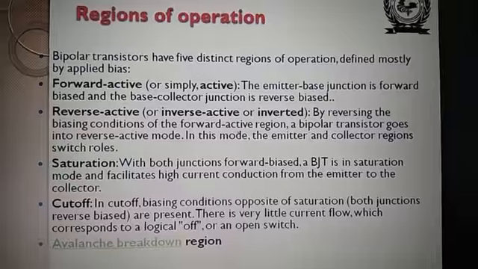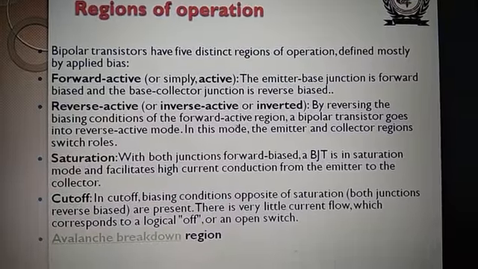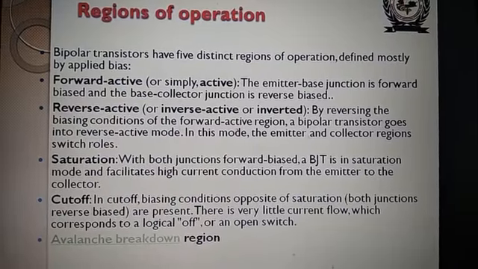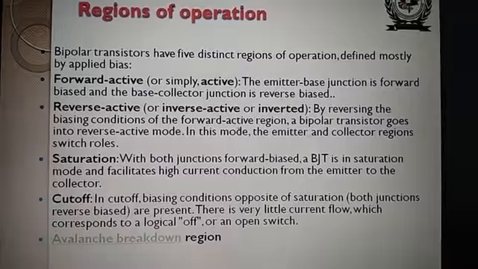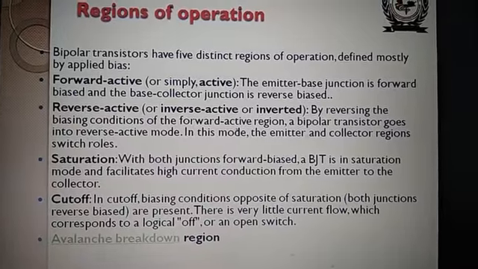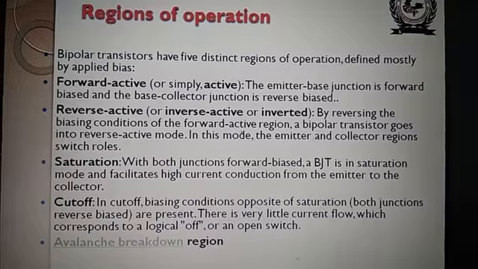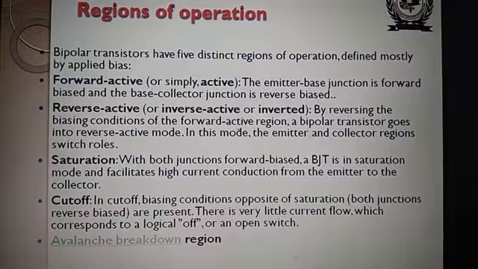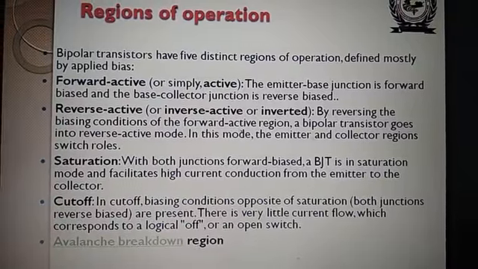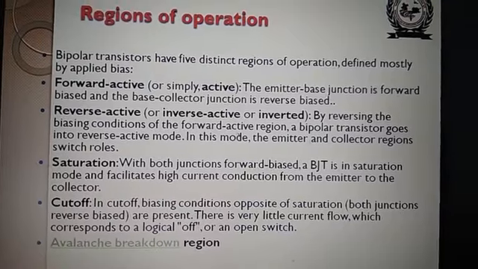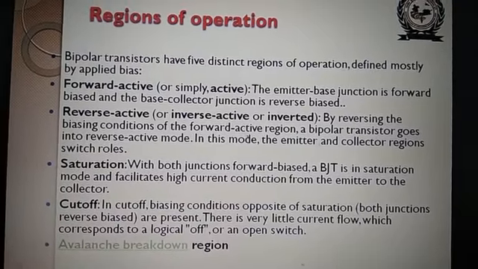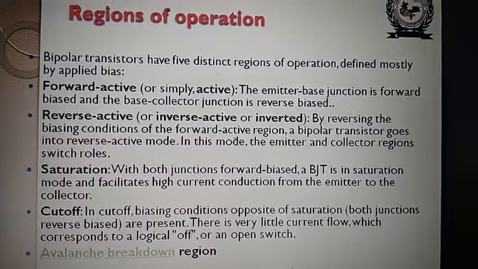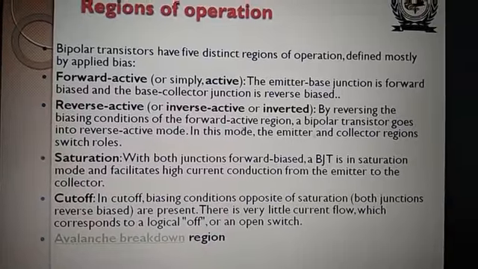The active region is where the base to emitter junction is forward biased and the base to collector junction is reverse biased. It is called the active region, where the transistor is active and works as a normal amplifier.